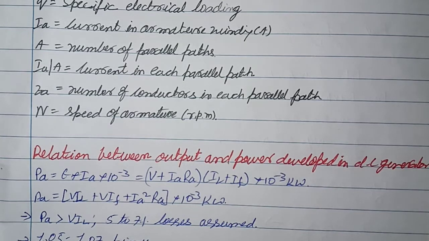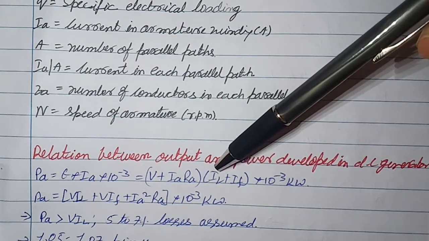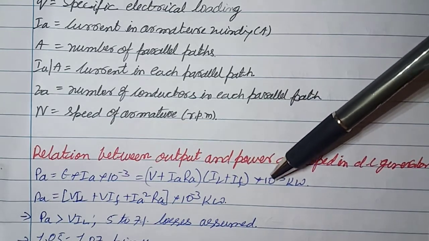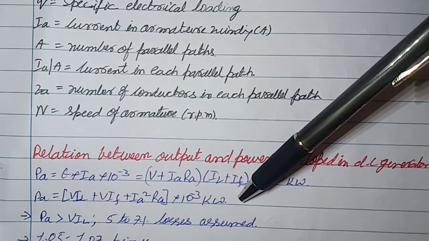E is, by basic relation, V plus IA RA, and IL plus IF is the IA. From that we get PA is equal to V IL plus V IF plus IA square RA, because IL plus IF is the IA.